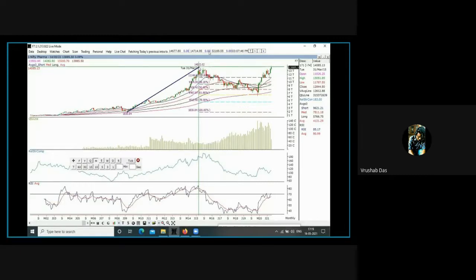So when it creates a new low and crosses the 23.6 percentage, it indicates that it will go to 38.2%, it might cross even 38.2%, or it might go to 50%. According to this percentage point, you can set up your stop loss, or decide at what point you will sell out this stock. So this is the idea it will give you.